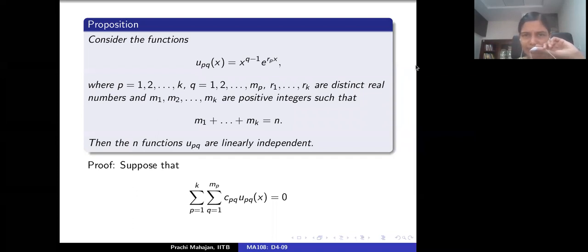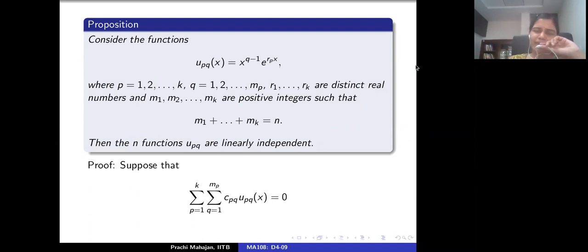I'm taking their exponentials and multiplying them with a monomial, x to the powers 0, 1, ..., mp minus 1, and this is how you get upq.